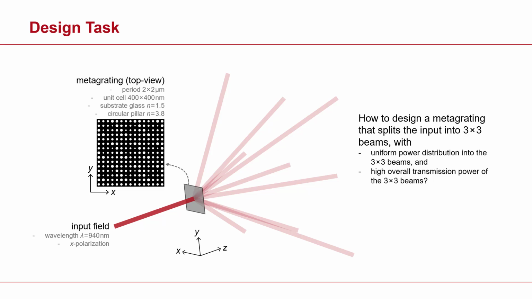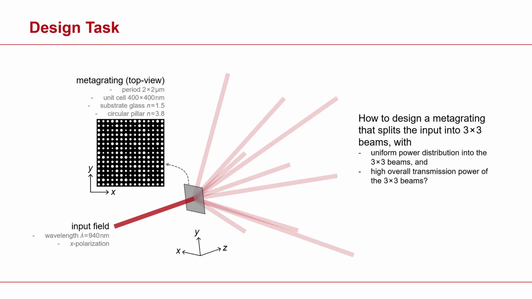And the conditions that we put on the performance of this design is that we want the power distribution into these working orders, the 3x3 beams, to be as uniform as possible. And also we want to maximize the efficiency of the whole energy we put in the form of light in the incident beam split into the working orders, because there will be stray light in addition.